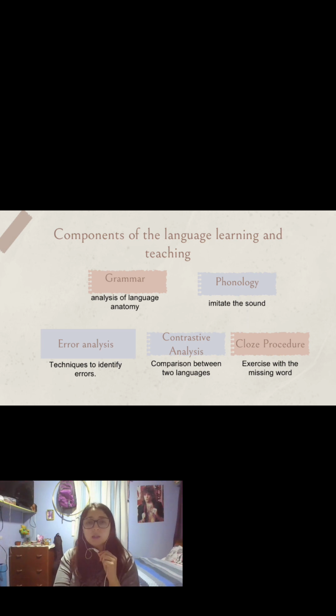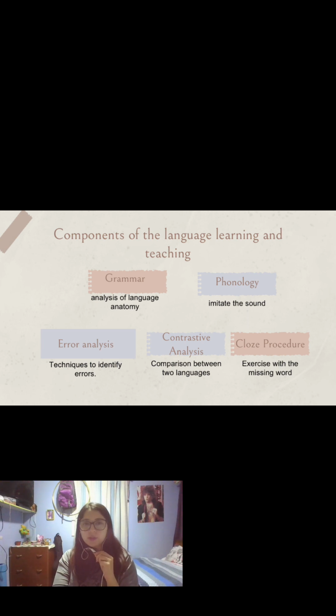On the other hand, we have the possible challenges that may appear, such as error analysis, which can be defined as the techniques a teacher uses to identify and correct errors made by their second language learner. Contrastive analysis, which is the examination and comparison between the target language and the native language to identify their differences and similarities.